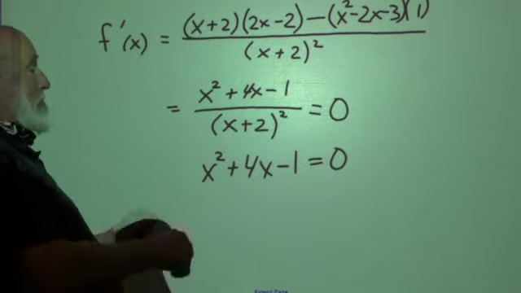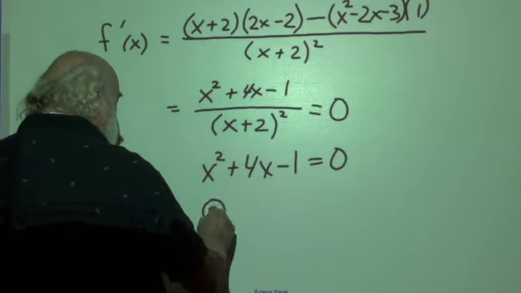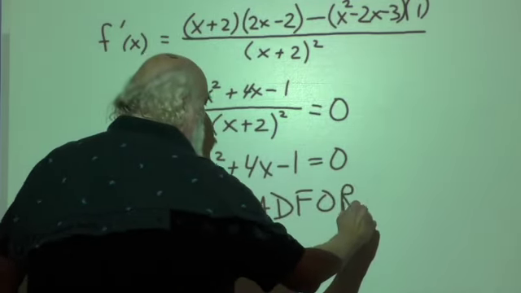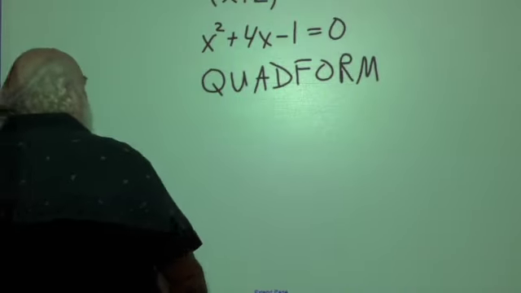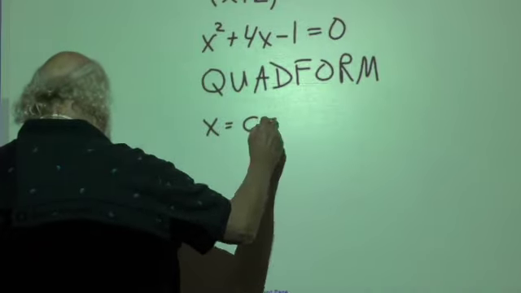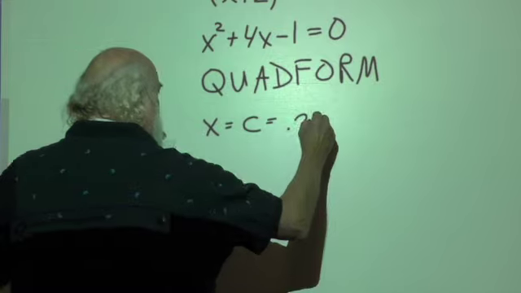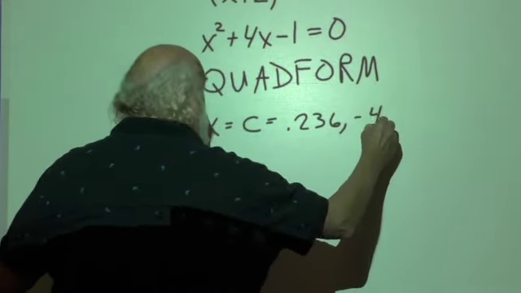So, can't factor this out either. So we use the quadratic formula on this thing. And we get x, which is going to be c, is equal to 0.236 and -4.24.